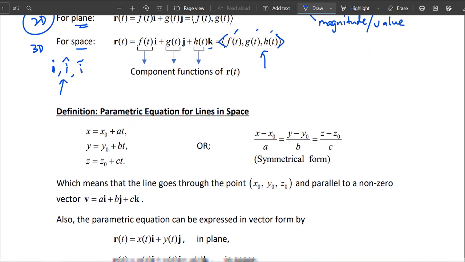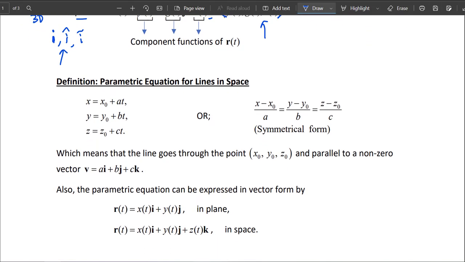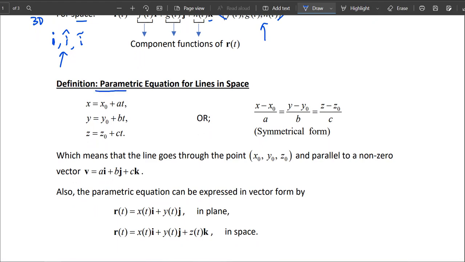Okay, next, parametric equation. Parametric equation we have come across before. Parametric equation for lines in space: we have 3D, but we want the equation for lines, which can be written as x equals x0 plus at, y equals y0 plus bt, z equals z0 plus ct.